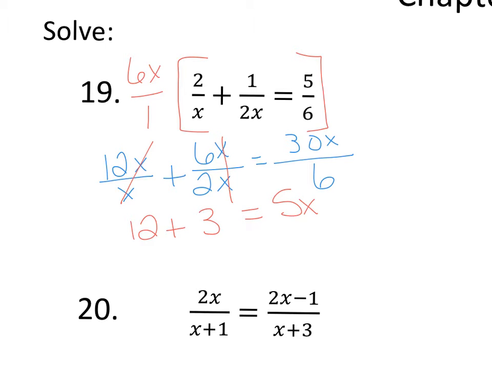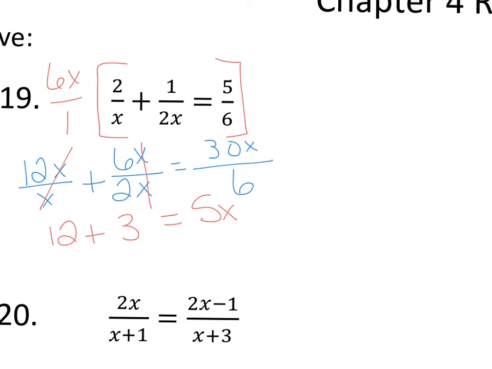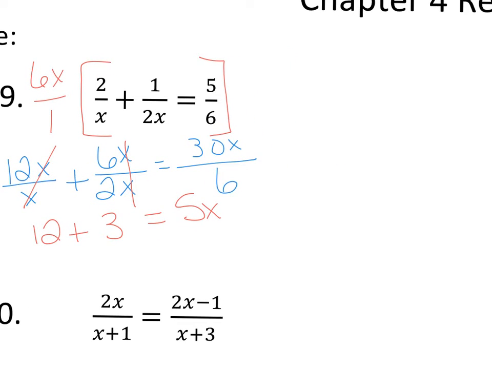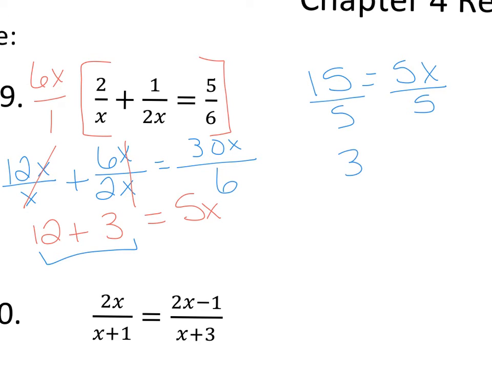Now we have a really simple equation that I'm going to carry on over here, and we're going to go ahead and solve. 12 plus 3, these are like terms, makes 15 equals 5x. To isolate this x, we divide by 5, so we have x equals 3.